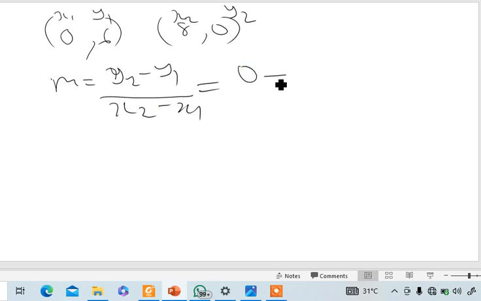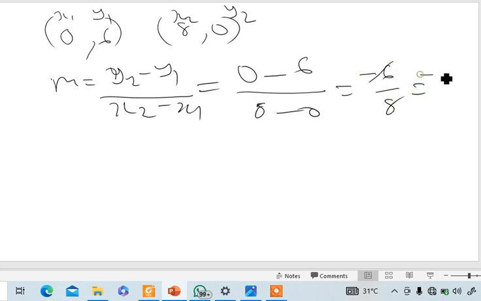That is 0. y1 is 6. x2 is 8. The other one is 0. So this is just the same as negative 6 over 8. Simplifying, negative 3 over 4. So our gradient is negative 3 over 4.